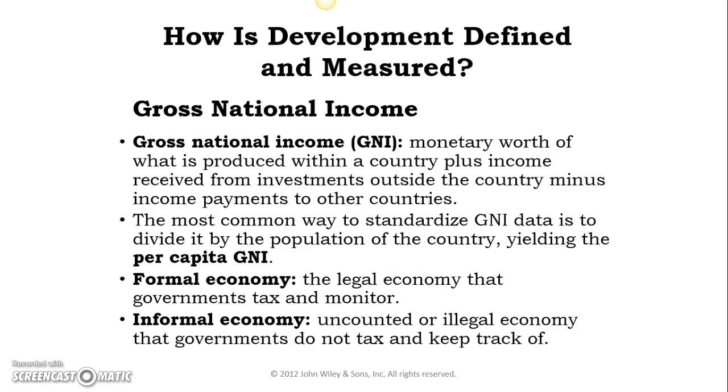Okay, then to take it out a little bit more, we'll talk about gross national income, and remember I promised you a definition here. It is the monetary worth of what is produced within a country, so that's the gross domestic product, plus the income received from investments outside the country, minus income payments to other countries.